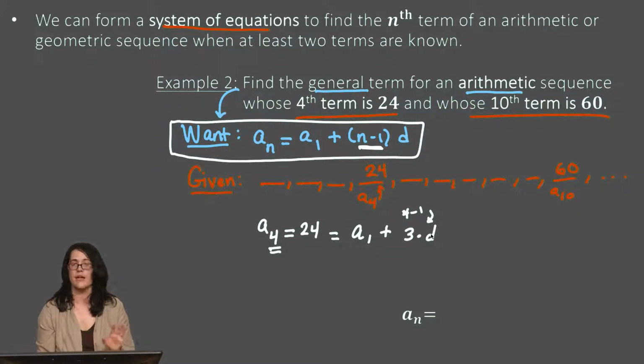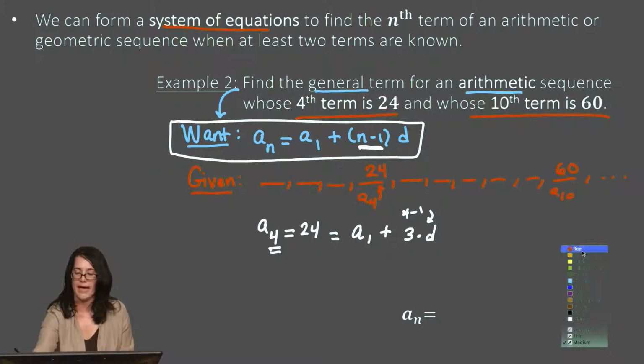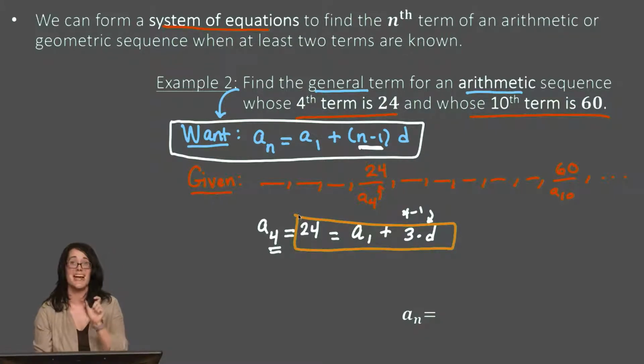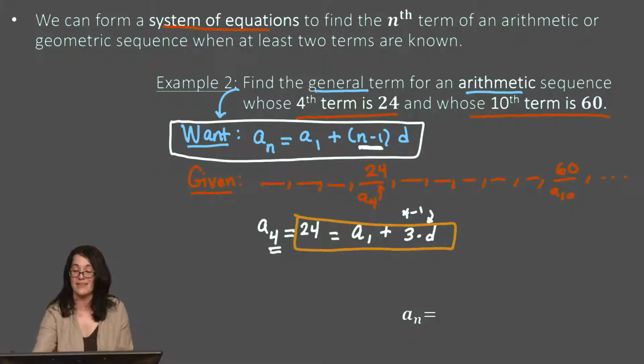So that looks kind of clunky right now, but I would like to propose to you that what we really have is an equation with two unknowns, a linear equation with two unknowns, kind of like x plus 3y is equal to 24. If we had another equation with the same two unknowns, couldn't we solve by substitution or elimination or any of our matrix methods using technology? Yeah, we definitely could. In fact, they've given you just enough information to do just that.